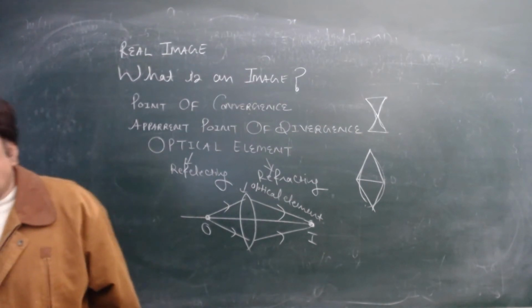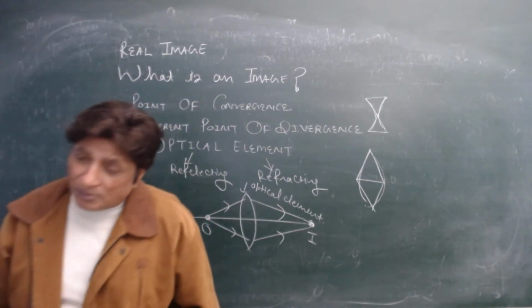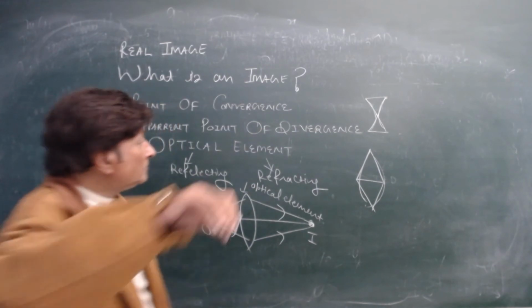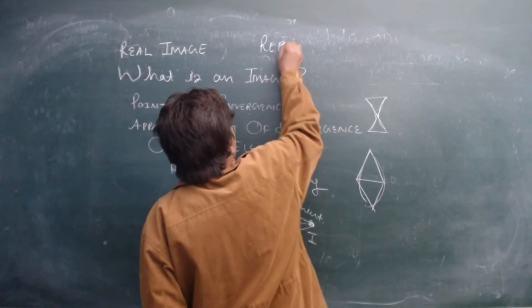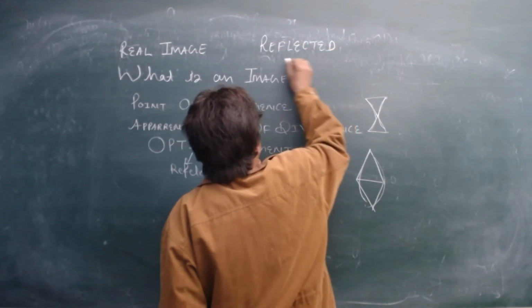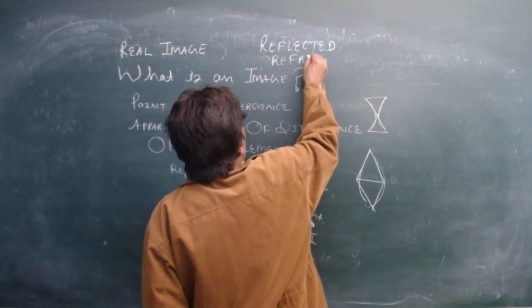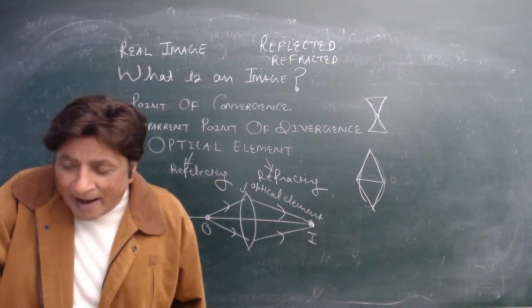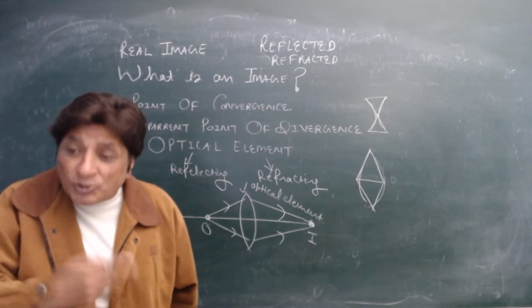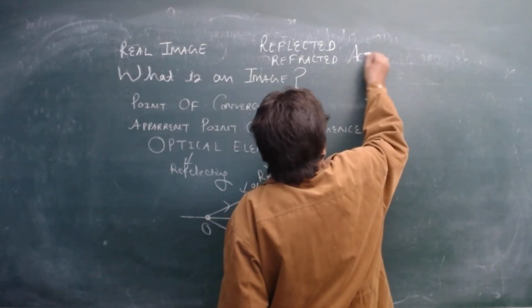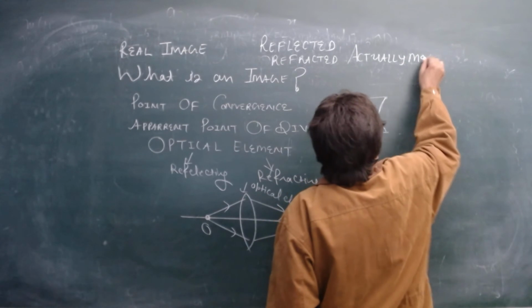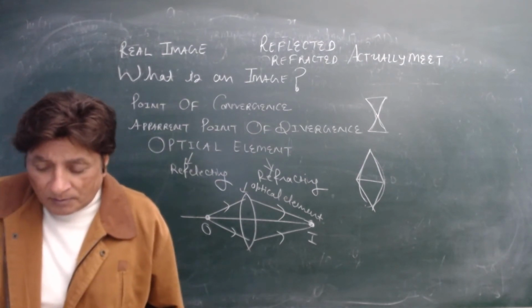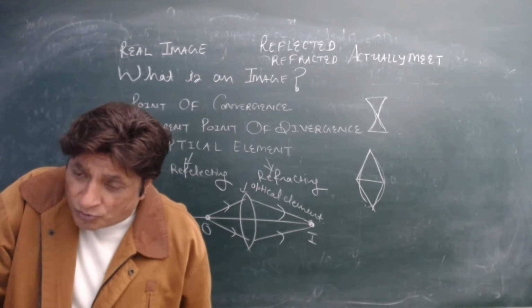Students, real images are formed when the reflected or refracted rays actually meet or converge to a point.